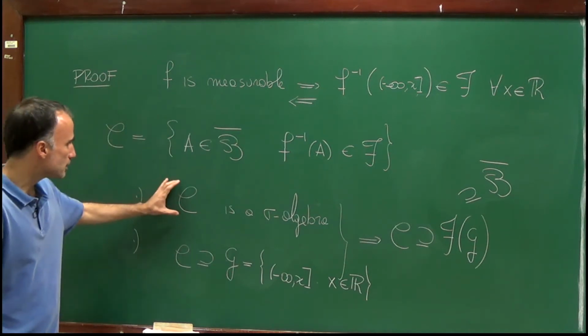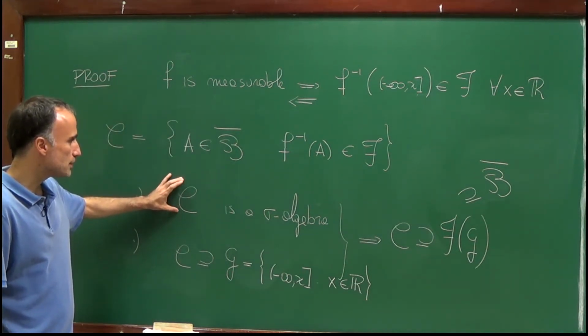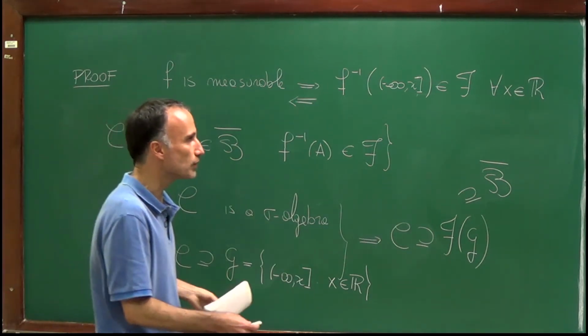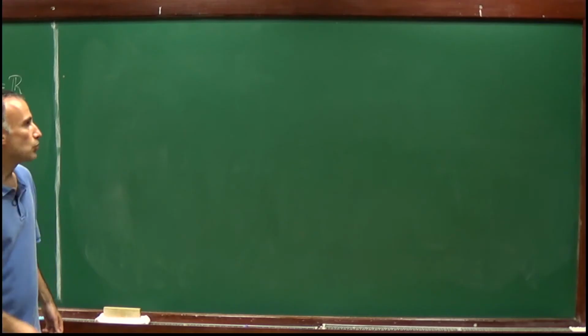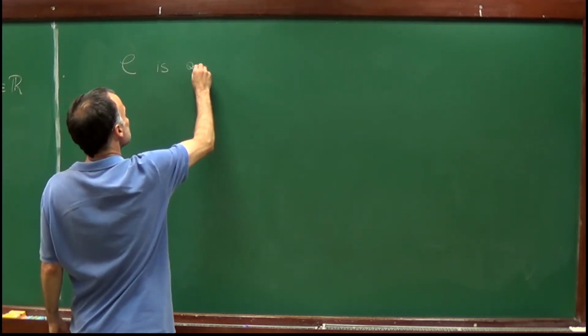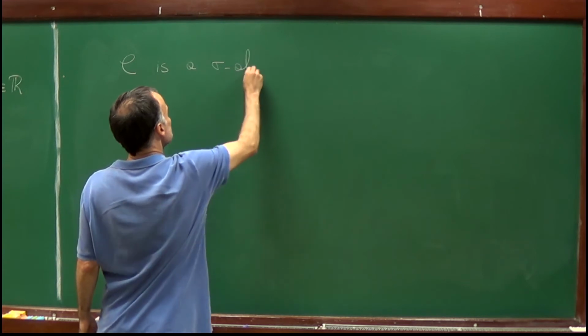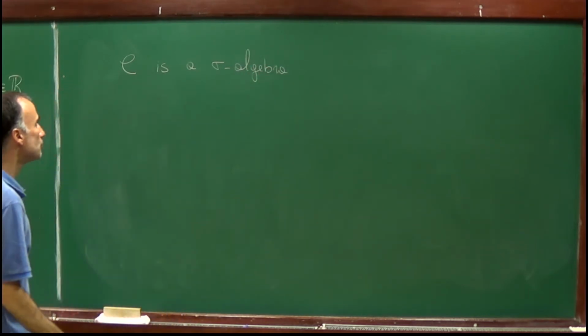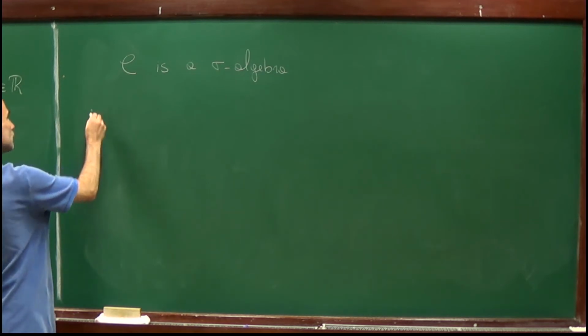So what remains now is to show that C is a sigma algebra, and this is what I will do. To prove that C is a sigma algebra, we need to check three properties.